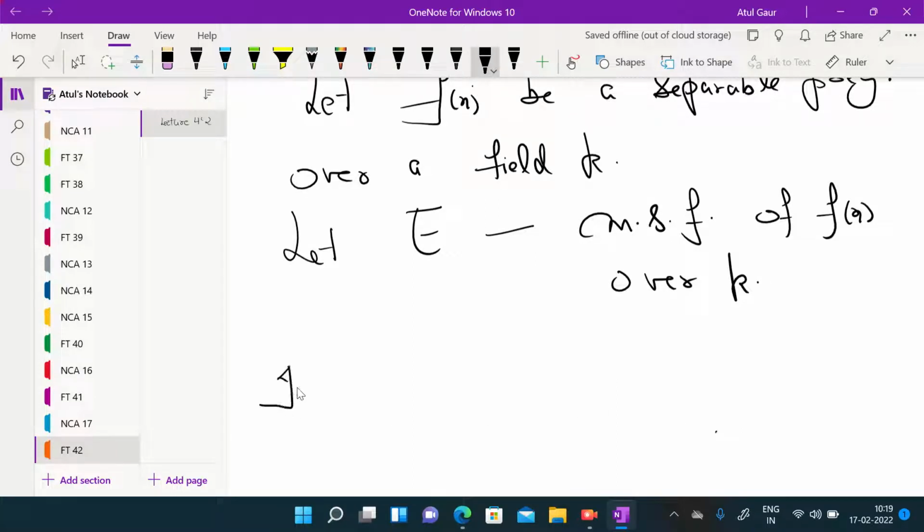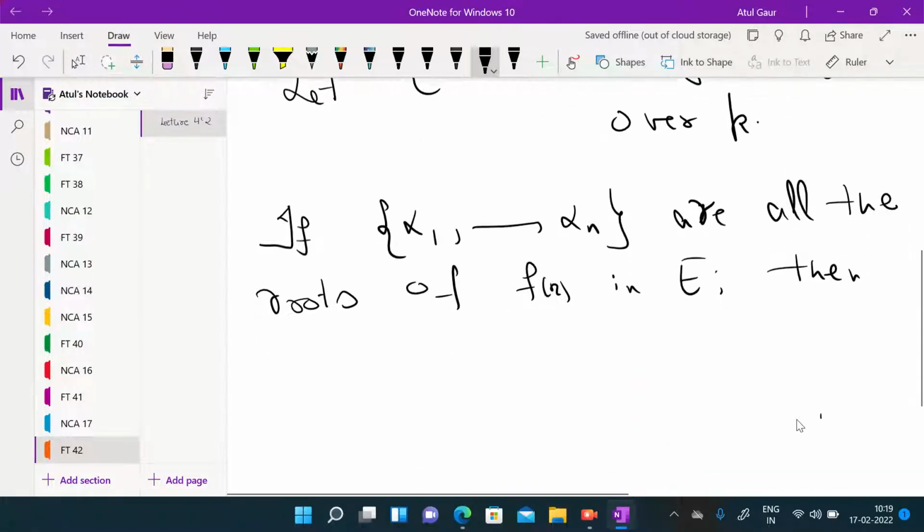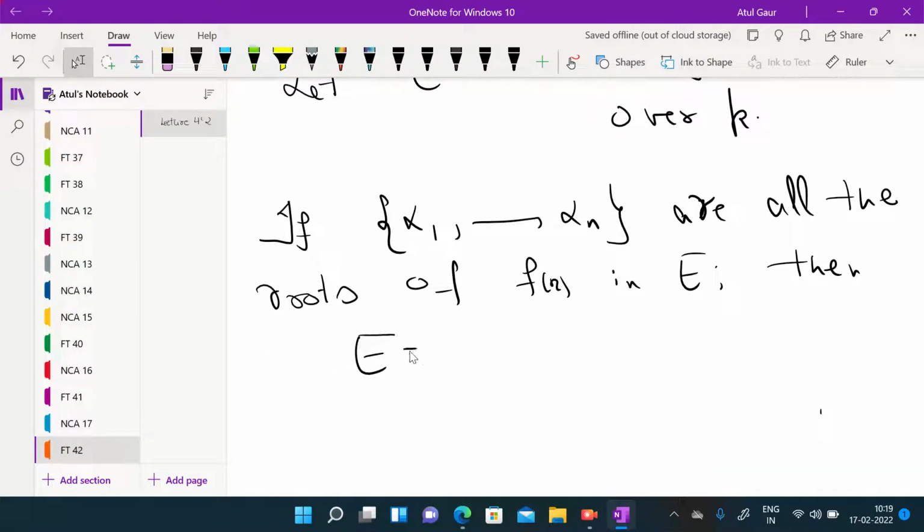So if alpha 1, alpha 2, ..., alpha n are all the roots of f(x) in E, then because E is the minimal splitting field, E will be K(alpha 1, alpha 2, ..., alpha n), right?